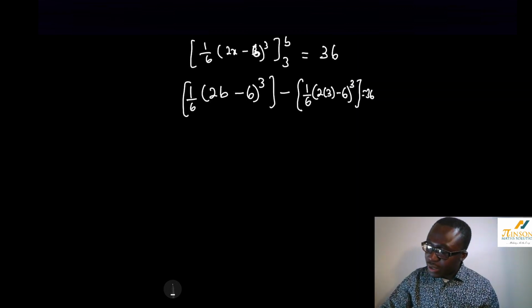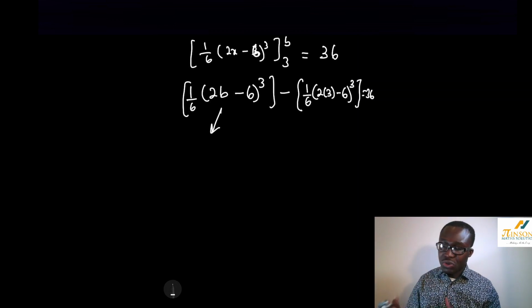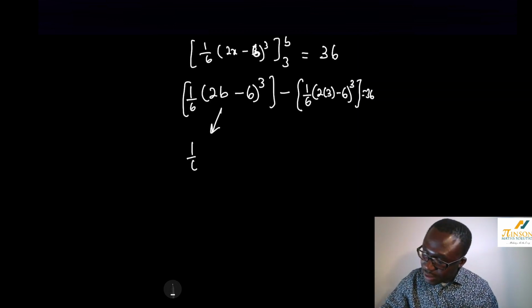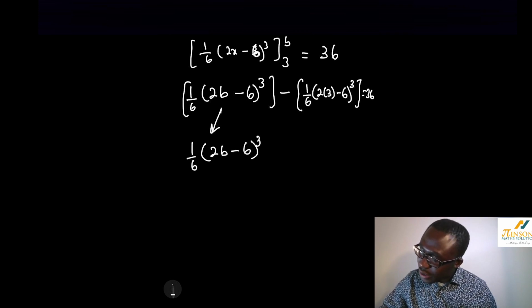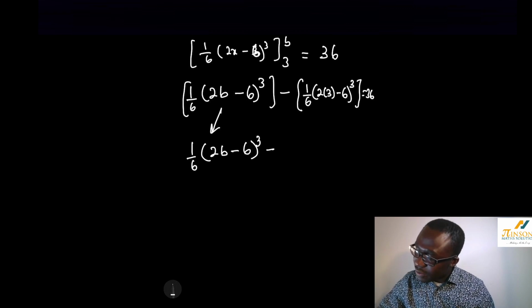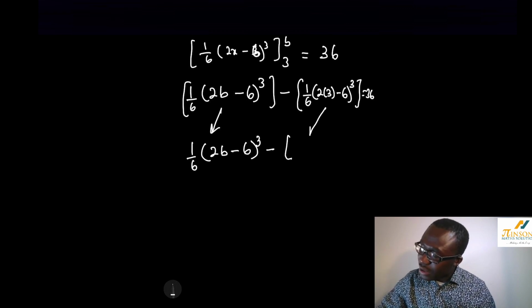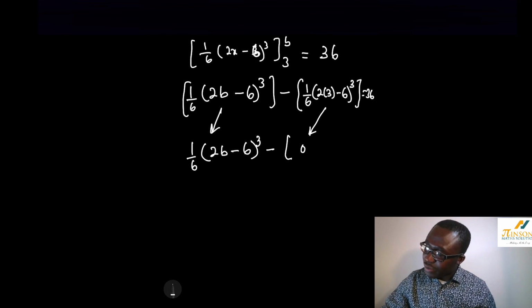With that, we'll do nothing to the first part, we'll just copy it down. So we've got 1/6, and bracket (2b minus 6) cubed, take away. Now in this bracket, if we work it out on our calculator, we will get 0, and this gives us 36.